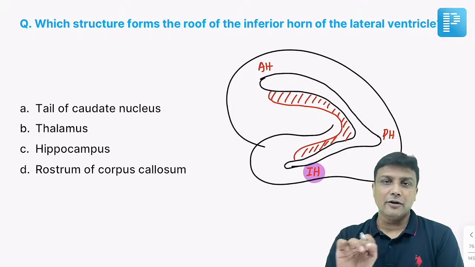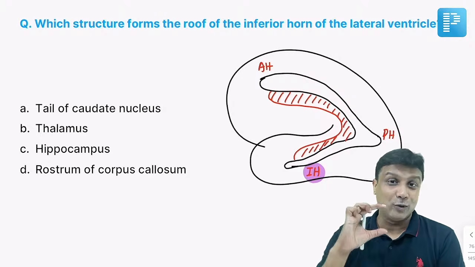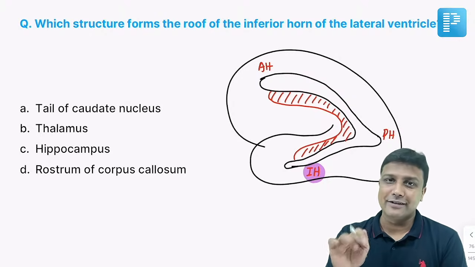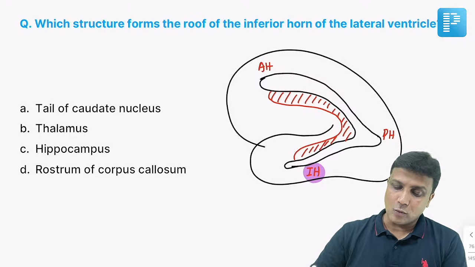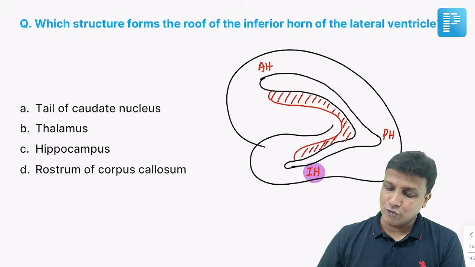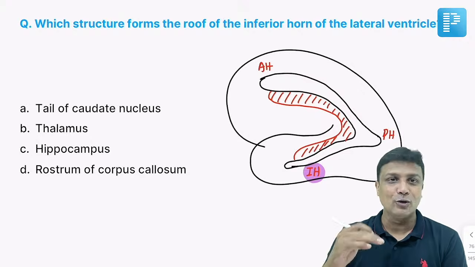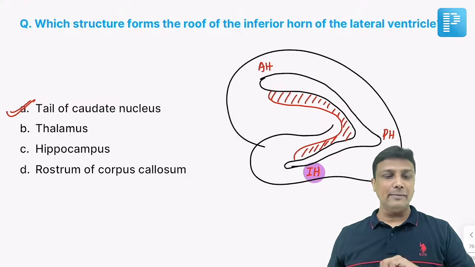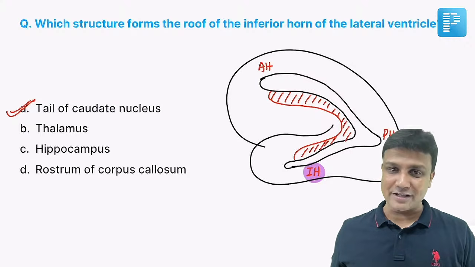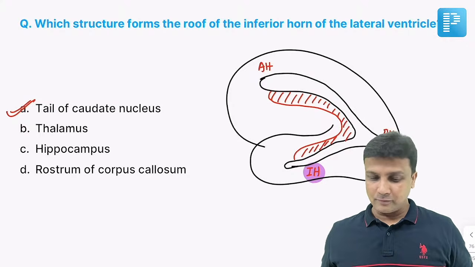The caudate nucleus is also present inside the lateral ventricle, sir. So if this is the inferior horn, what is going to form its roof? The roof of the inferior horn is formed by the tail of the caudate nucleus. That is the right answer here. So if you remember my one diagram here, it will be very easy for you.